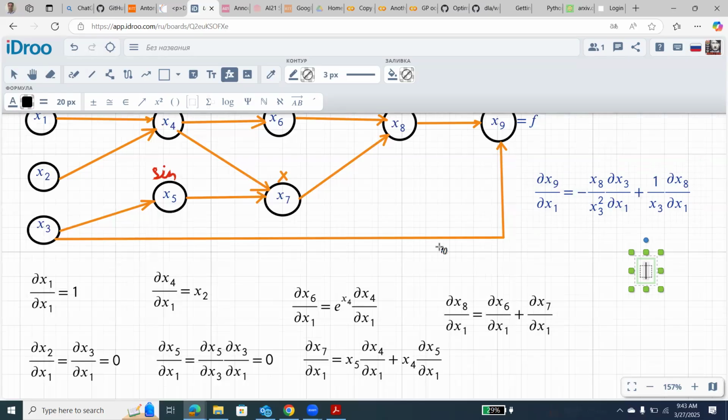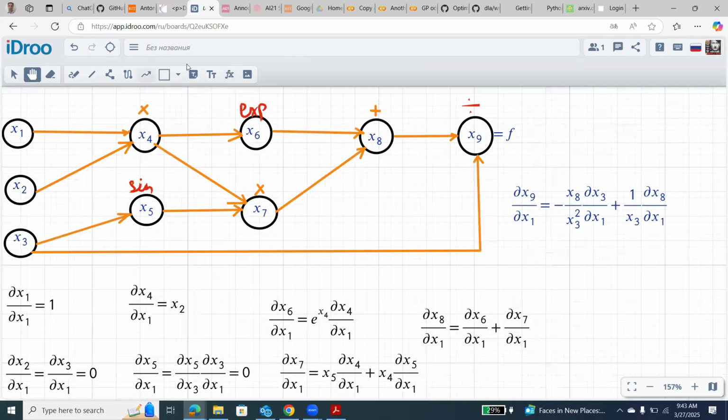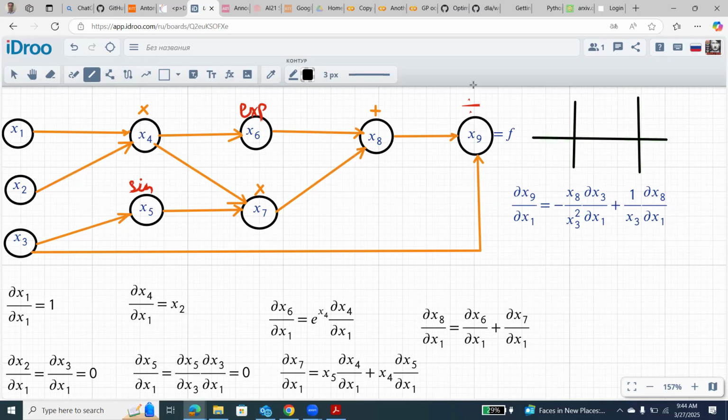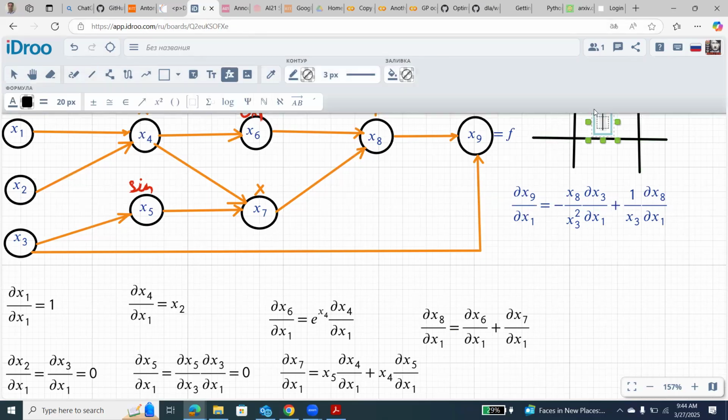So this is called forward mode. And let's look at the time complexity of these calculations. What is the time complexity to calculate our function?